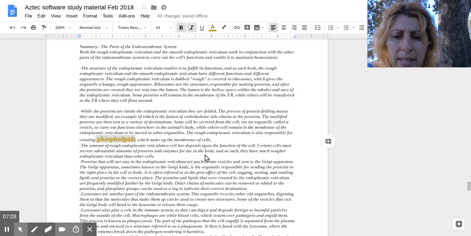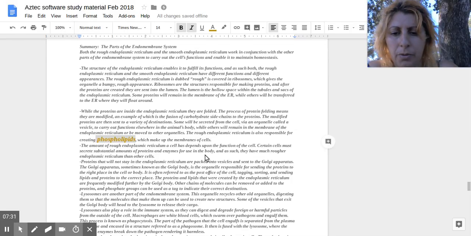Proteins that will not stay in the ER are packed into vesicles sent to the Golgi apparatus, which is an organelle responsible for sending proteins to the right place in the cell or body by shuffling them via vesicles. All the molecules, proteins, lipids, etc., large macromolecules.